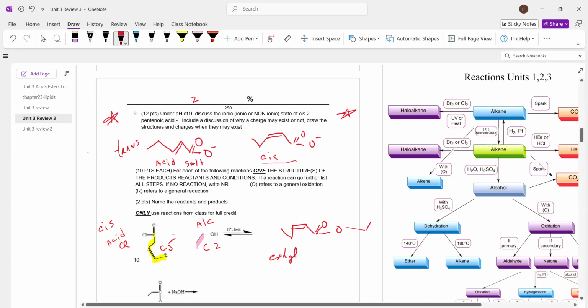And we have ethyl, cis, penta, no, wait.